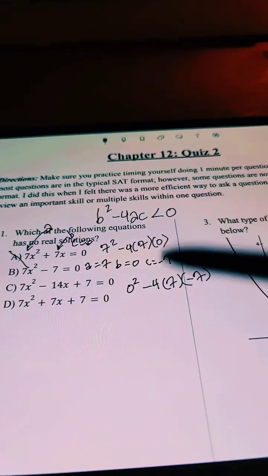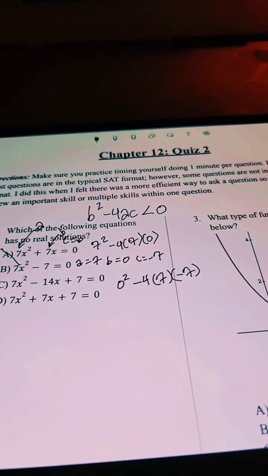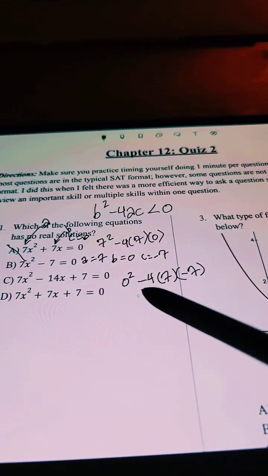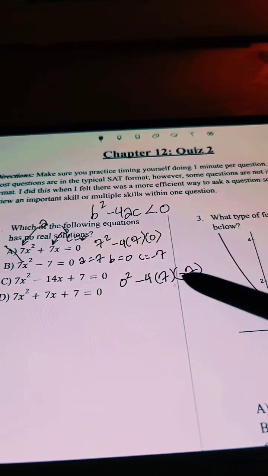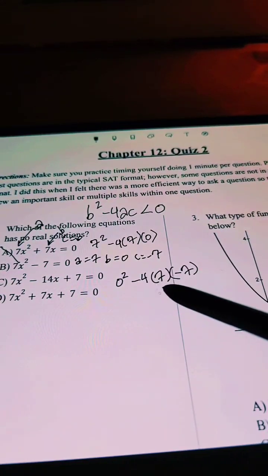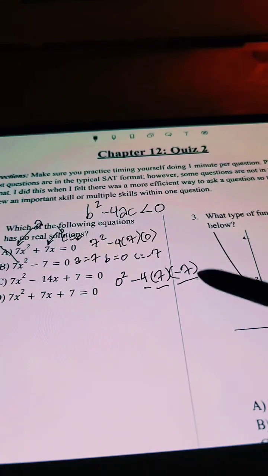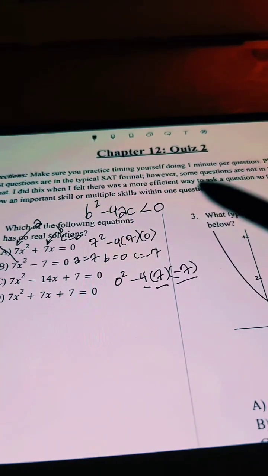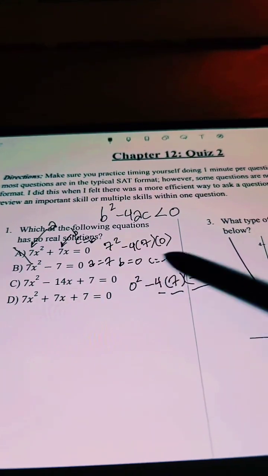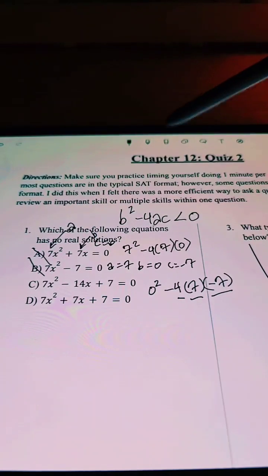You don't even need to get the actual value. You just need to know, is it negative? Is it less than 0? If we have 0 and we subtract 4 times 7 times negative 7, I'm subtracting a negative value, which is the same thing as adding. So 0 plus something is not going to give me a negative value, so it can't be answer choice B.